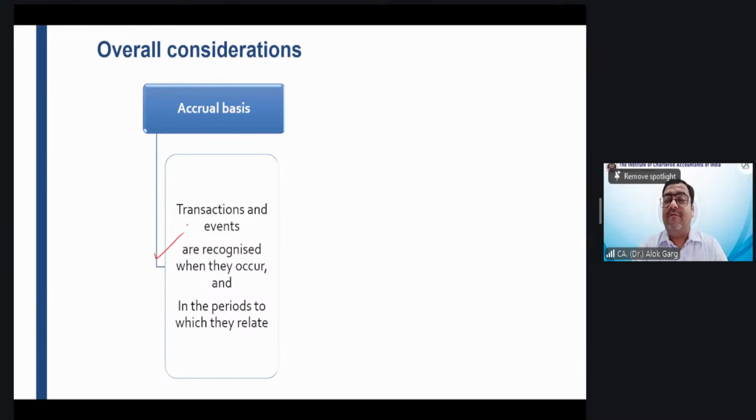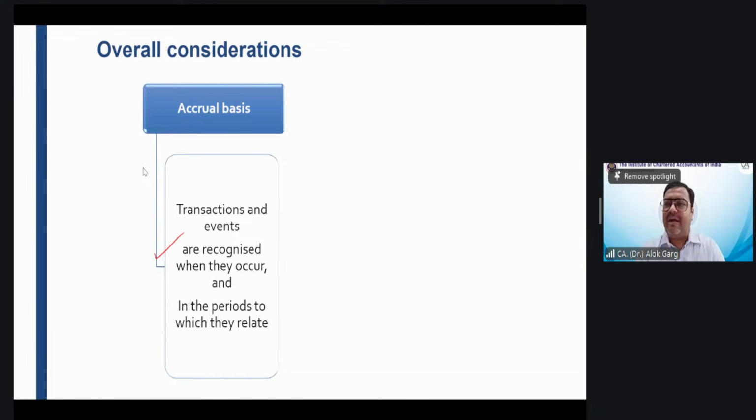Tell me whether the sale of 100 crore will come into the P&L for the year ended 31st March 26 or not. The cash has not been received by 31st March 26. Of course, yes, it is on accrual basis. So it has to be recorded whether actual payment or receipt has taken place or not.